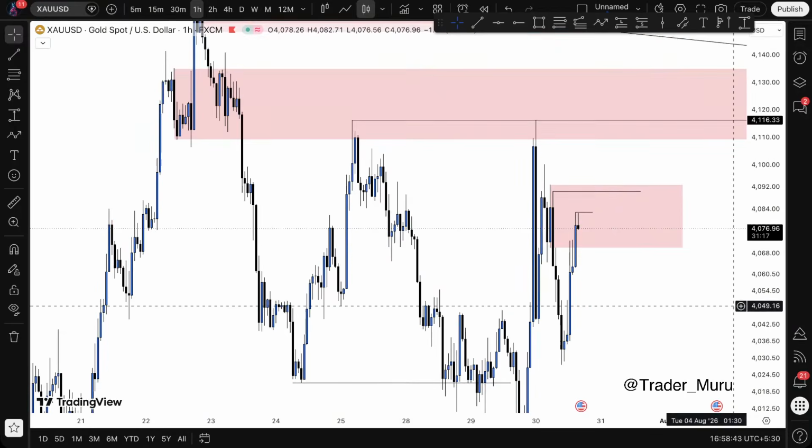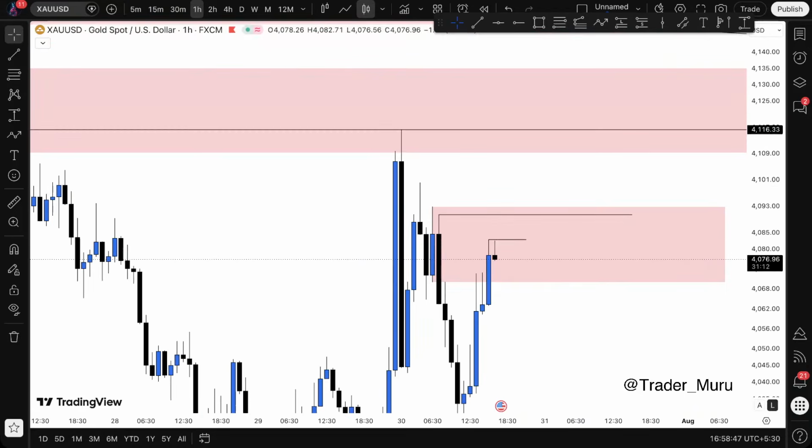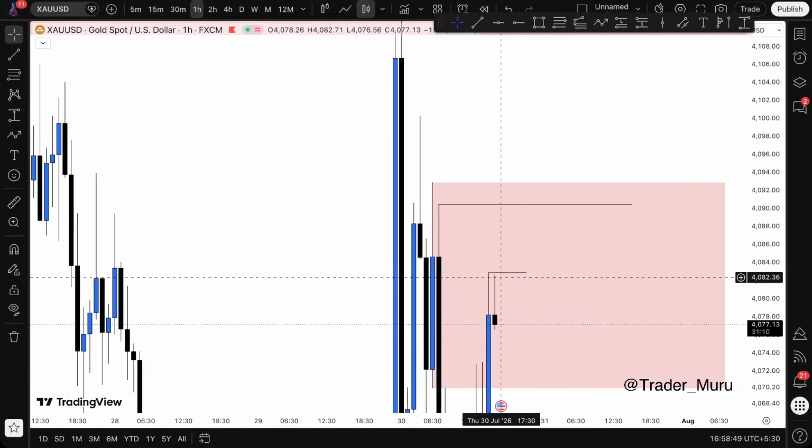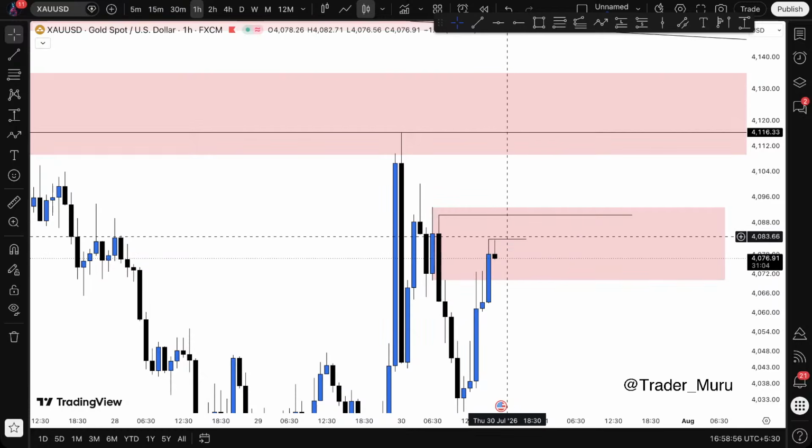So let's wait for our confirmation. We don't have a sweep, price is already dropping. So maybe test somewhere here, again go upside, sweep this high.